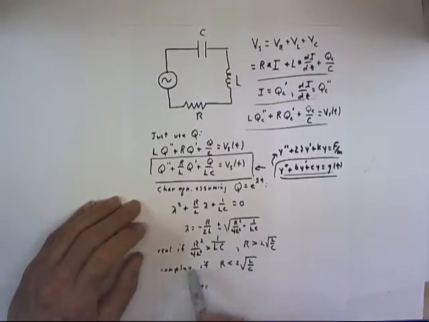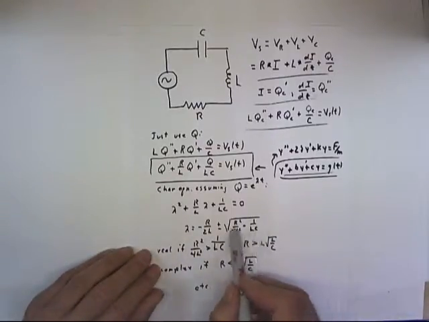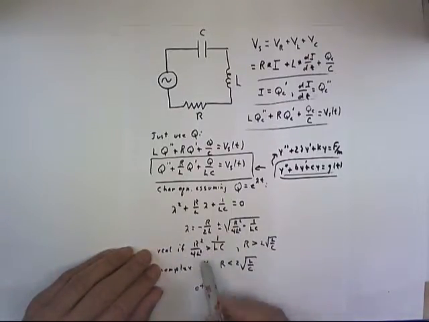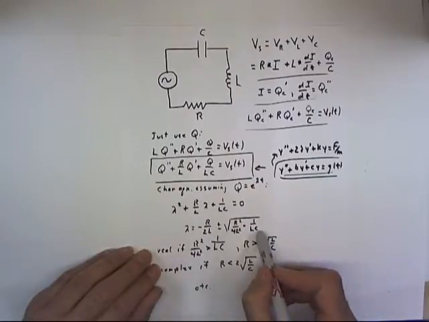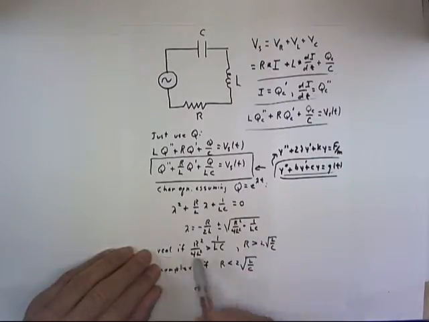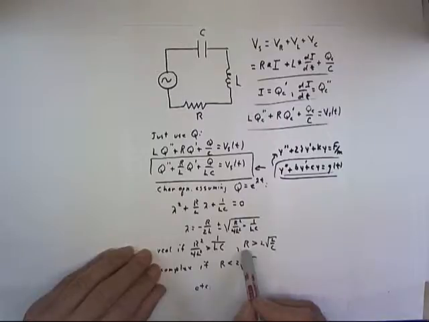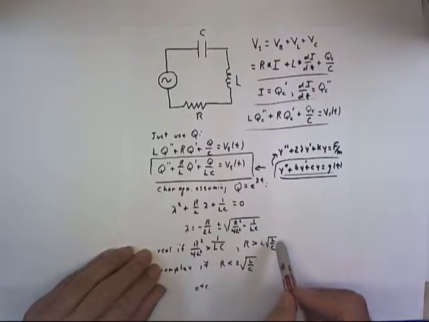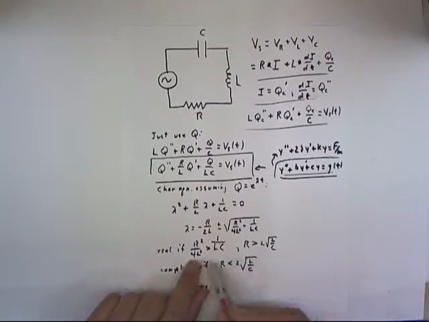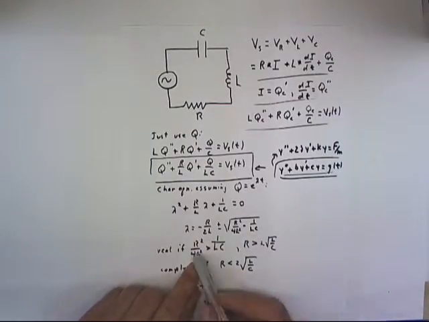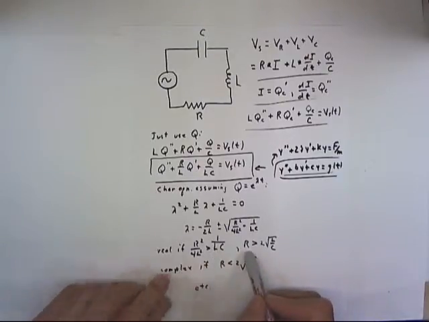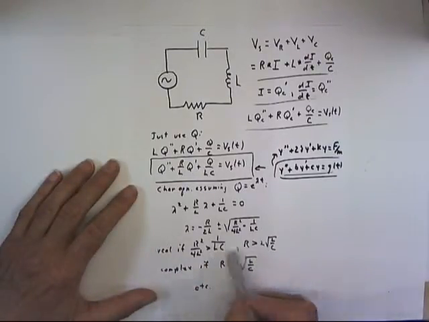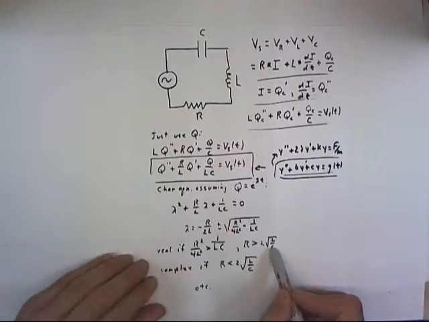If this discriminant here is positive, which occurs if this term is bigger than this, and that occurs when the resistance is greater than 2 times the square root of L over C, as you can easily verify by solving this inequality for R. If R is greater than this, you have real solutions.